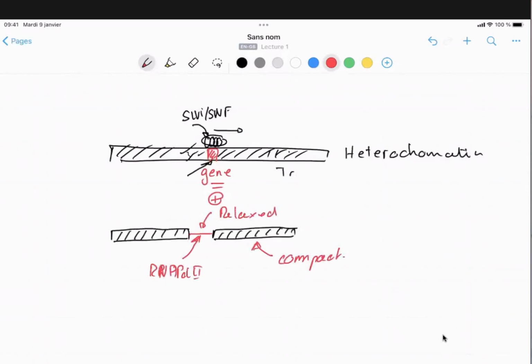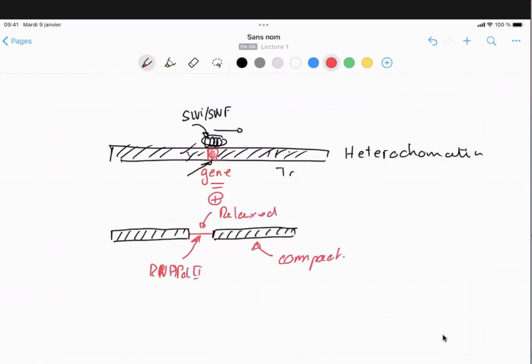Okay. So the difference with global acetylation is quite easy to understand, because you globally relax the chromatin. Okay? So it means that if all these histones are acetylated, they will all turn to be euchromatin. So the gene of interest will be transcribed, but around there may be some danger because of transposons.